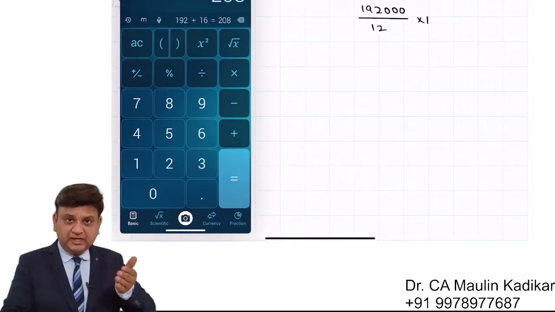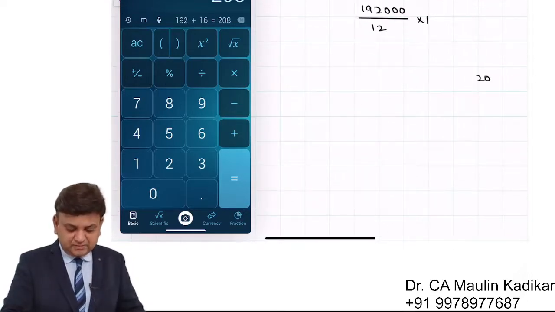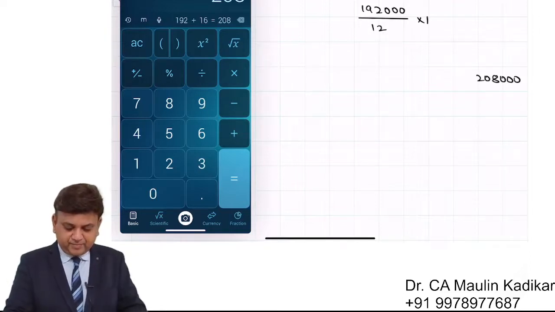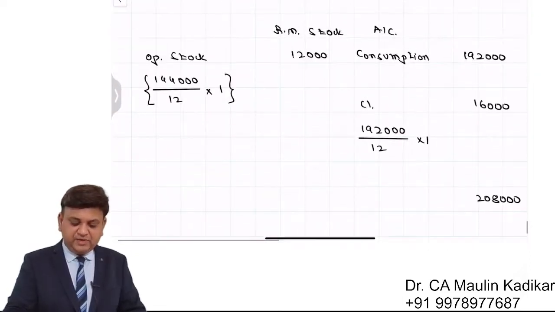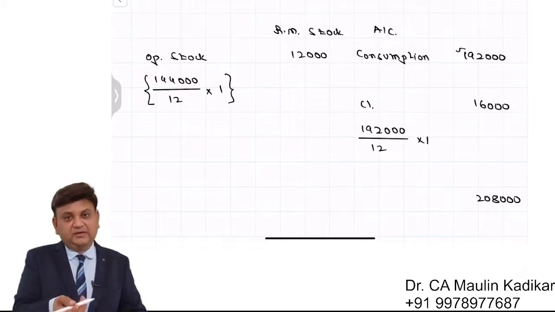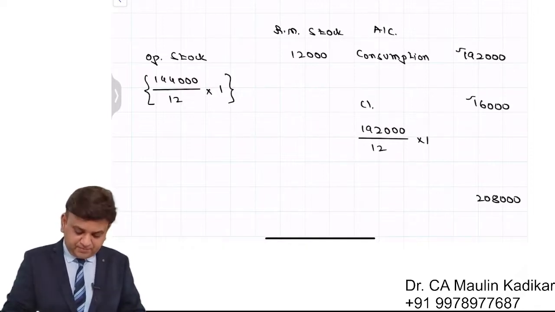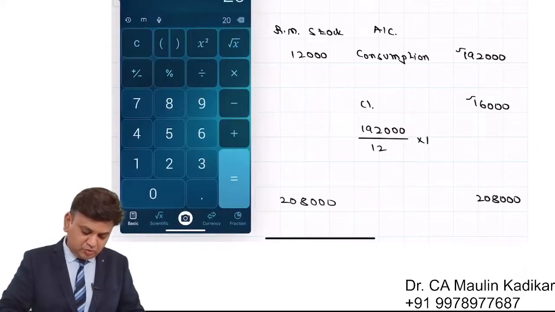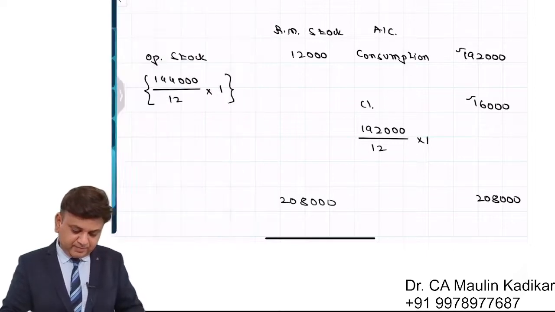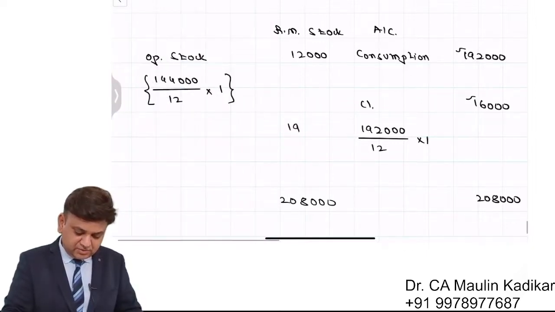It may be more than that, but of course not less than that. Why can it be more? Because the consumption we have calculated is more, so the closing would of course be more. The debit side is 208. So 208 minus 12 comes to 1,96,000.